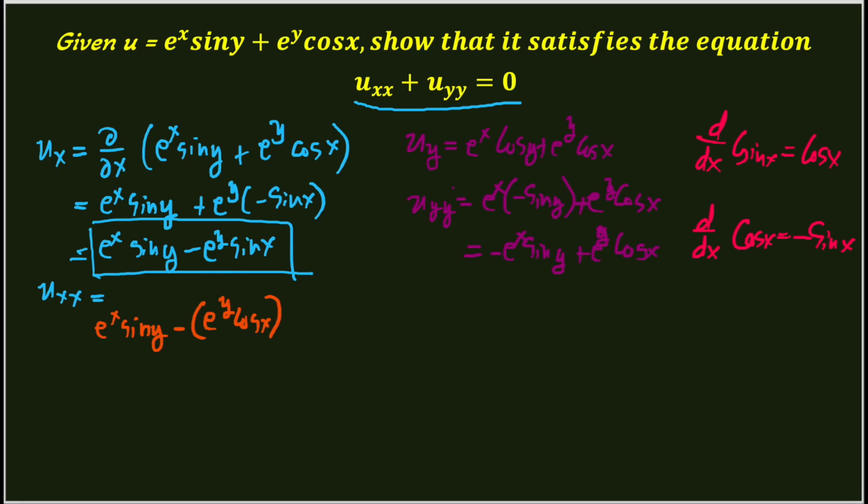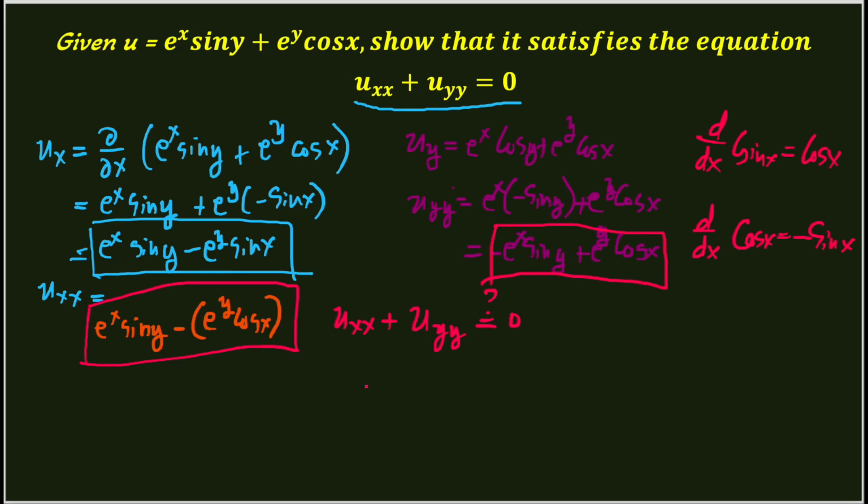Now we are very ready to check the equation, and we will verify if this is true: u sub xx plus u sub yy. The question is, is it equal to 0? So we will substitute here the value of u sub xx, which is this one, and the value of u sub yy.